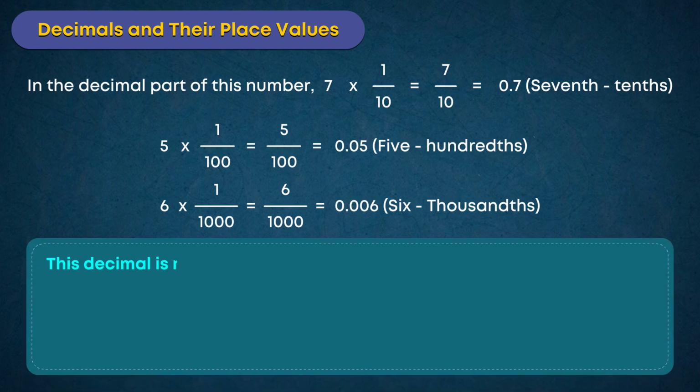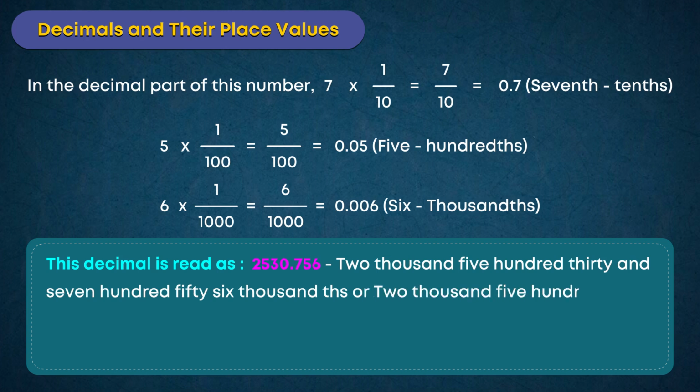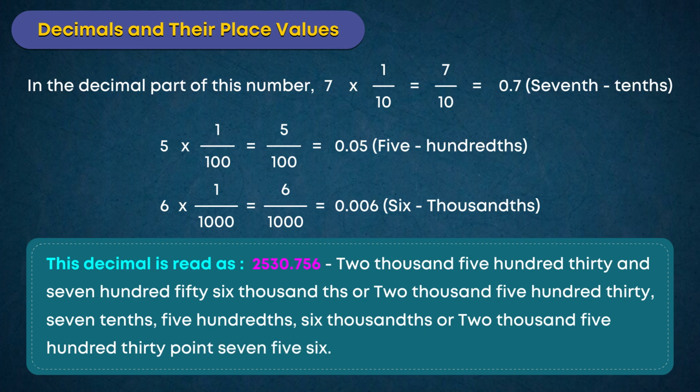This decimal is read as 2530.756, 2530 and 756 thousandths, or 2530, 7 tenths, 5 hundredths, 6 thousandths.